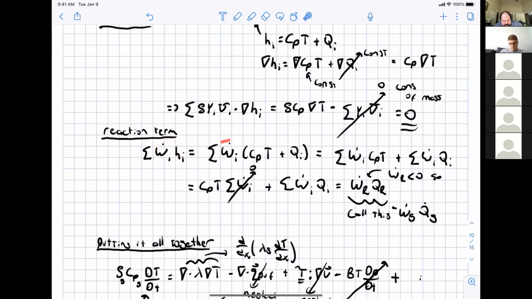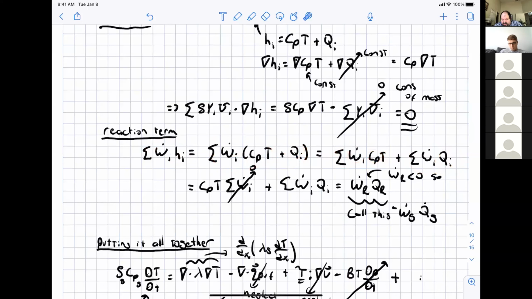We substitute in our expression for the enthalpy for species i, which is Cp T plus a mass-based enthalpy of formation, q_i. Then I'm going to split this into two different sums: the sum of the net chemical reaction rate times Cp times T, and the sum of the net chemical reaction rate times the enthalpy of formation for each species.